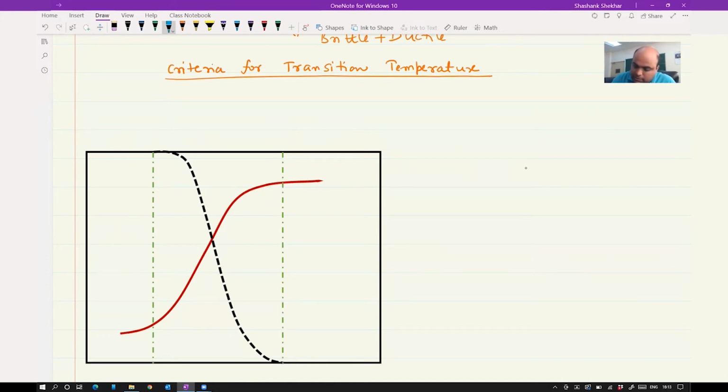One is your impact energy versus temperature, and another is your fracture surface appearance, fracture appearance versus temperature.